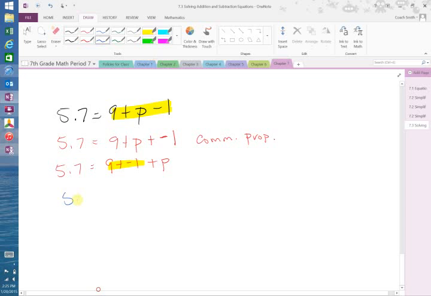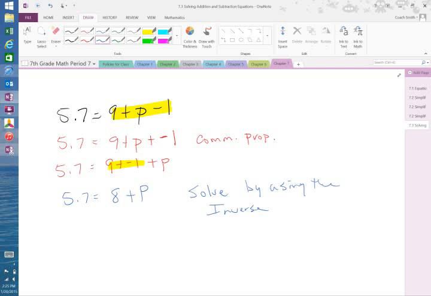So I have 5.7 is equal to 8 plus P. Now I need to solve it by using the inverse. So that means 5.7 minus 8 equals 8 minus 8 plus P.